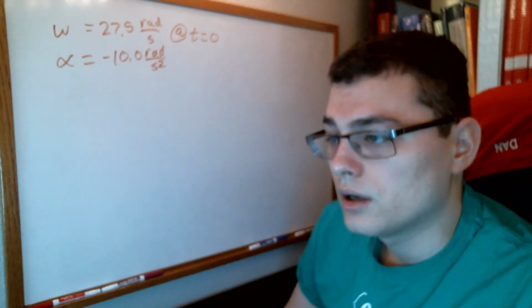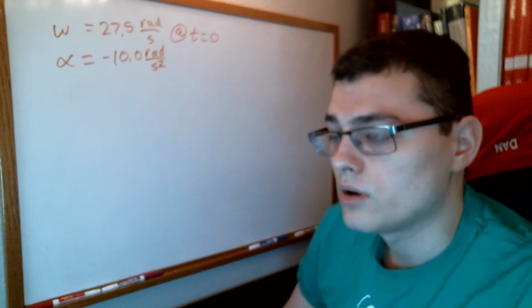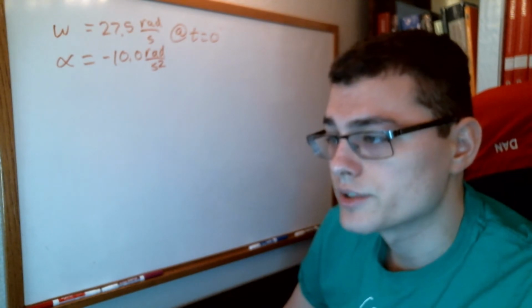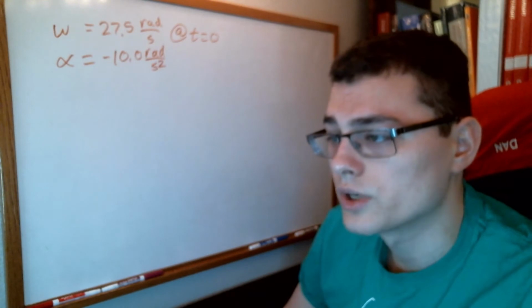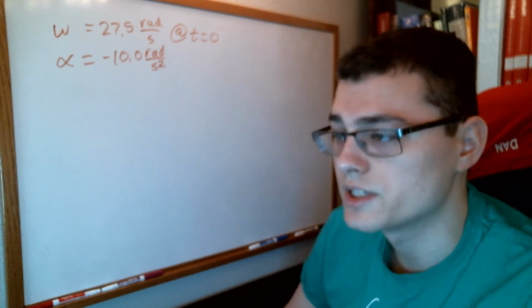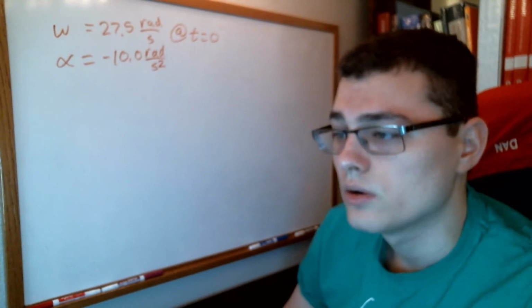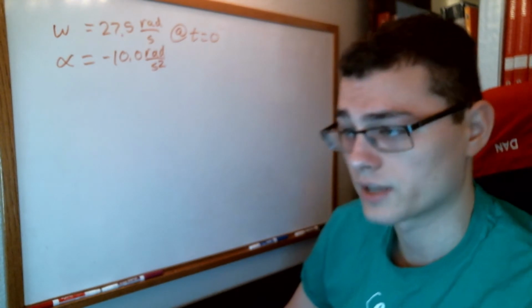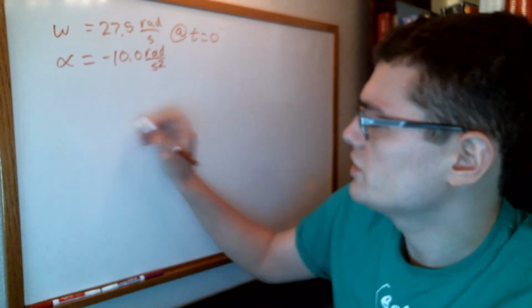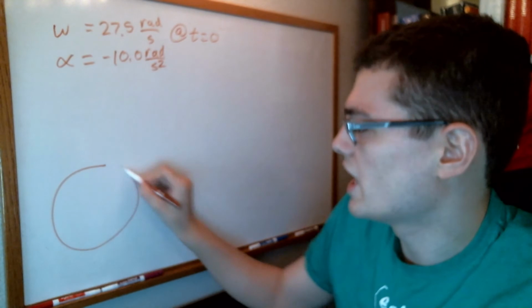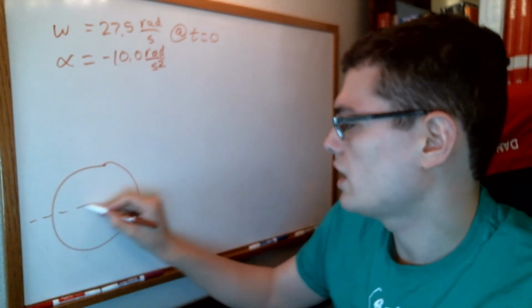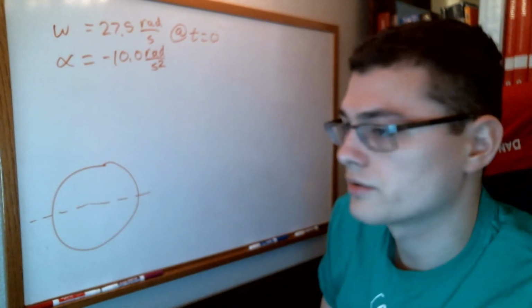And now we have a line PQ on the disk surface that lies along the x-axis at t equals 0. What is the disk angular velocity at t equals 0.3 seconds? What angle does PQ make with the x-axis at this time? So this is saying that we have our disk, and at t equals 0, we have this line through the x-axis.